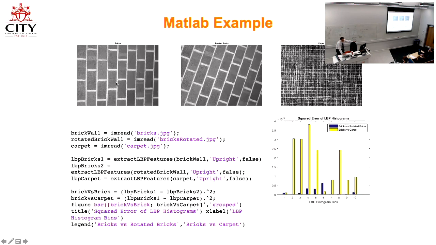So LBP here is helping me to understand that these two images have the same texture. It's giving me orientation invariance. These two images are of the same object but in different orientation. But is this enough? Or will we need more advanced features?